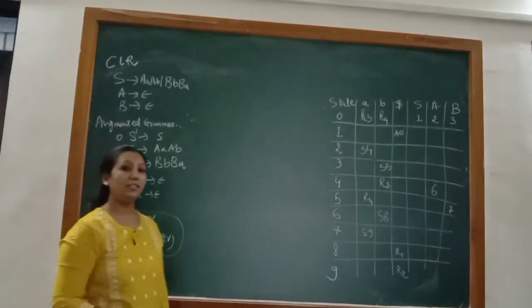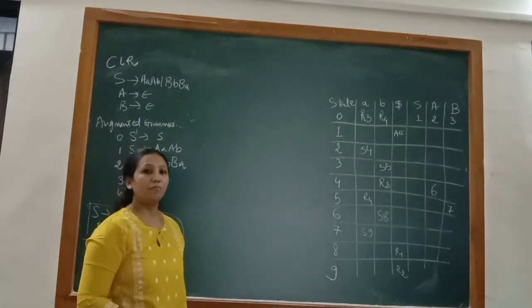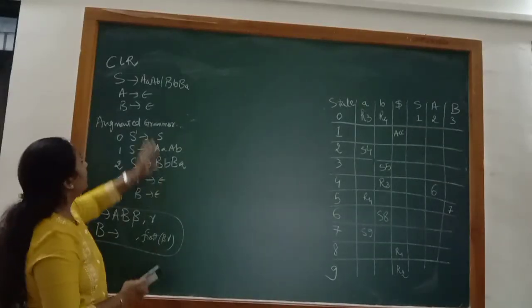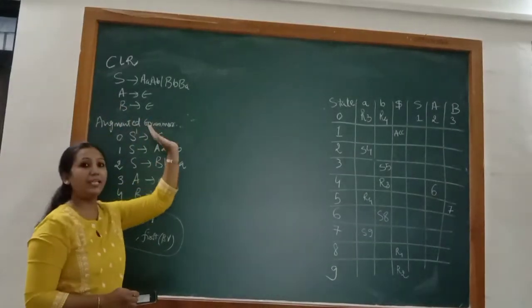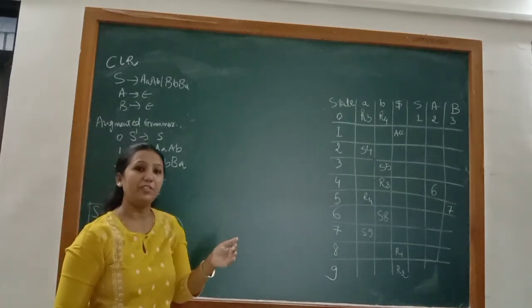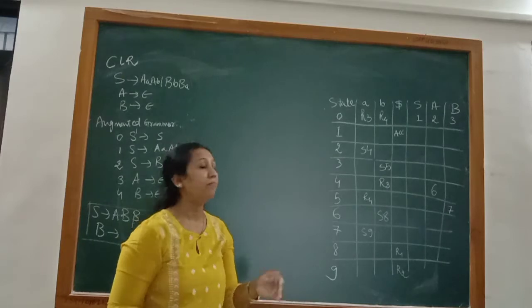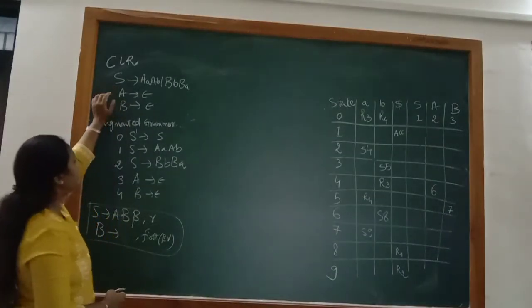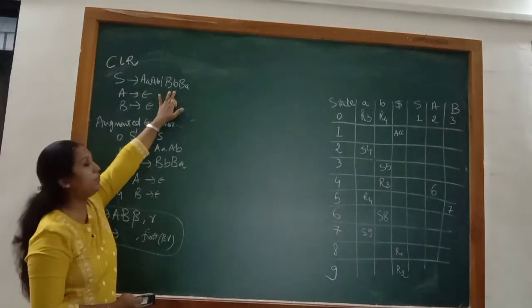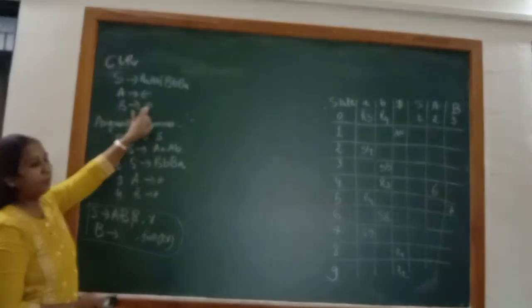Now let's see the very powerful technique called CLR. The first thing is we create the augmented grammar. As I mentioned, CLR is the same as SLR, the only difference is that with each item set we have a lookahead symbol. This is my grammar. Let's take the example: S to A A A B or B B B A, A to null and B to null.